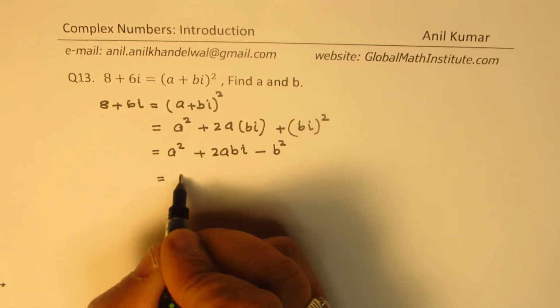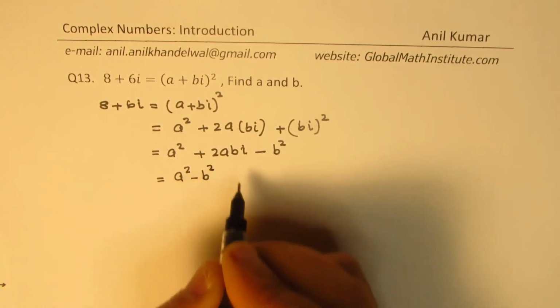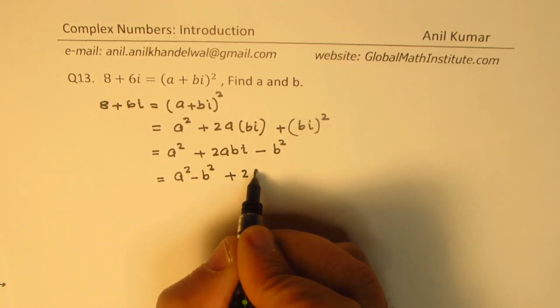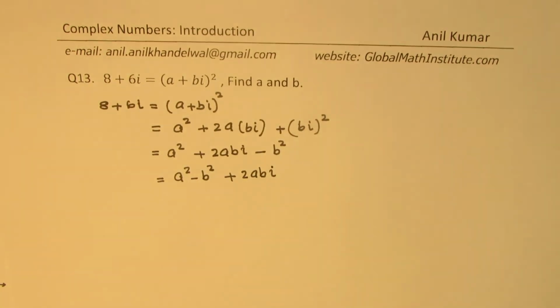So we get the real part as a² − b², and the imaginary part as 2abi. Is that clear to you?